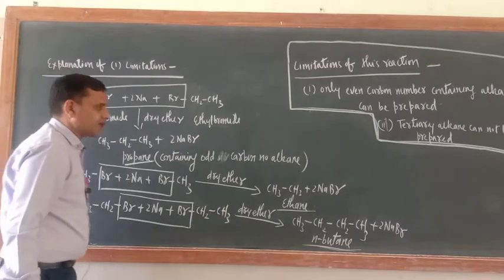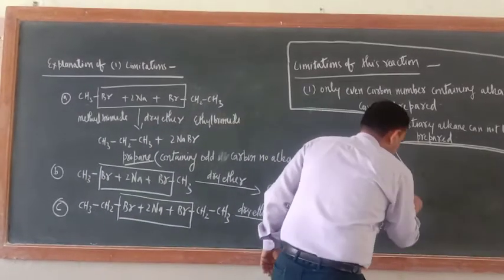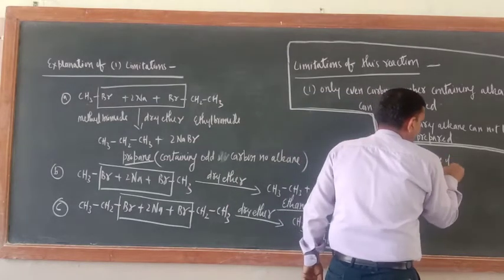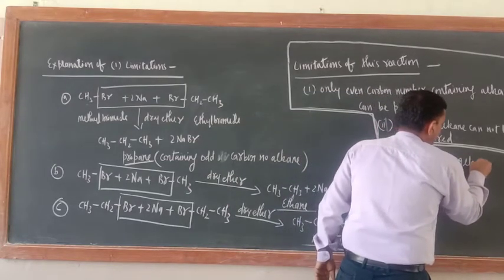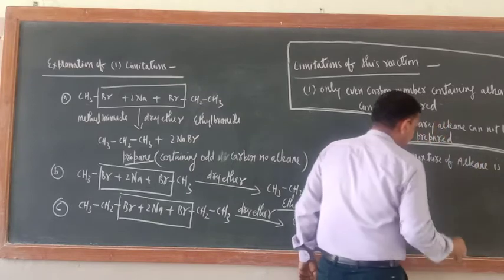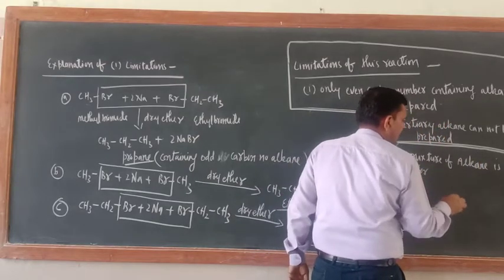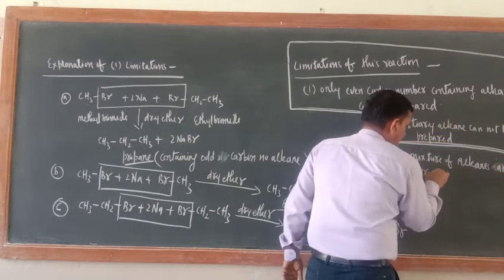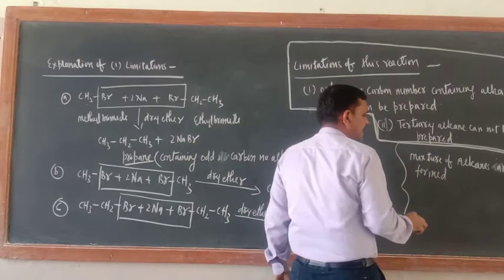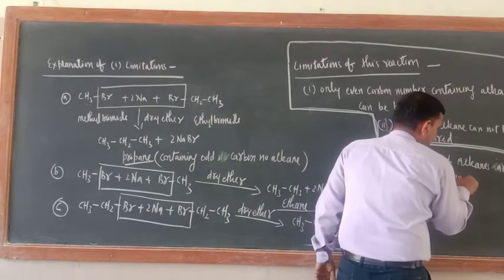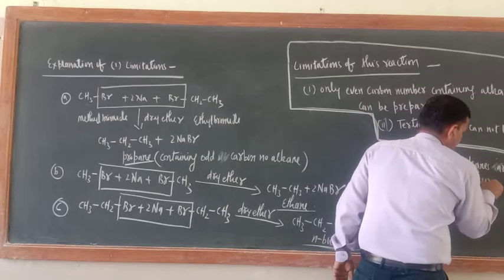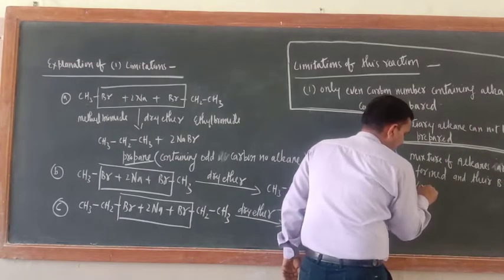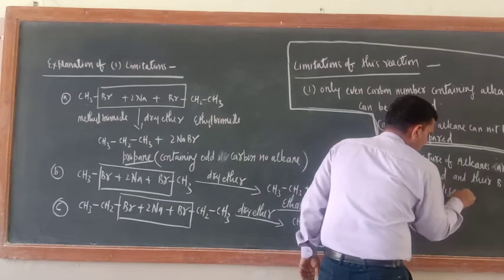So a mixture of alkanes is formed, and their boiling points are very, very close.